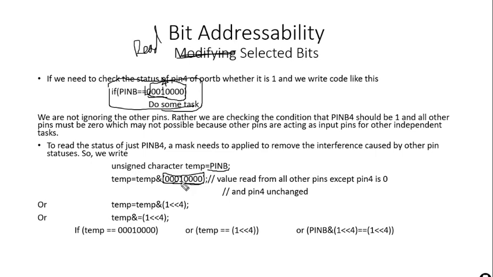Performing the AND operation with this byte, we get in temp the status of just bit 4. All the other bits in temp, which we have ANDed with 0, will be 0. And for bit number 4, for which the AND operation is with 1, it doesn't mean that it will now be 1.